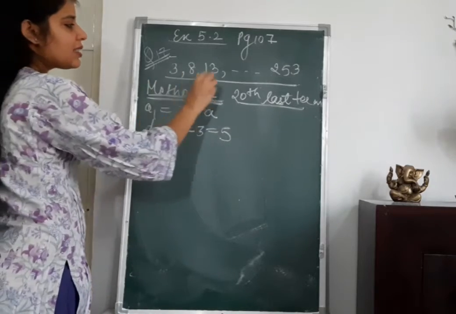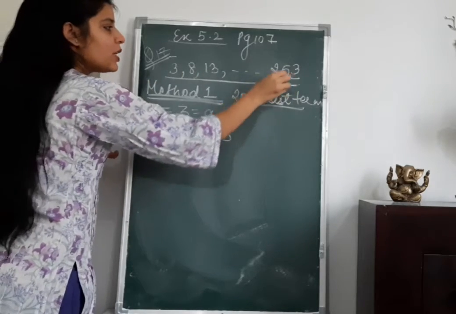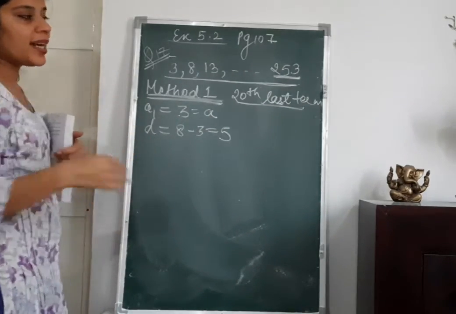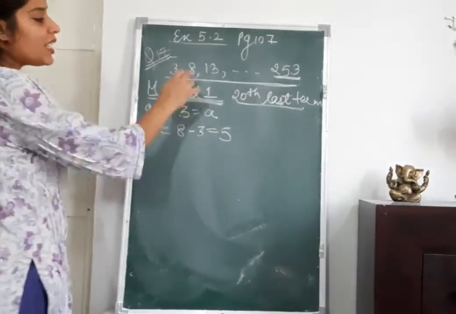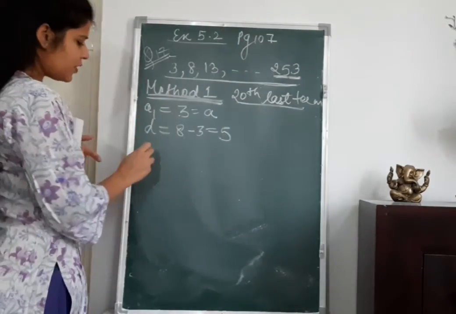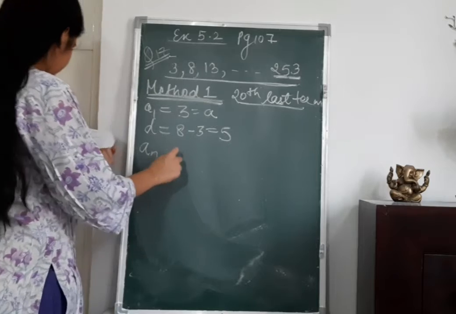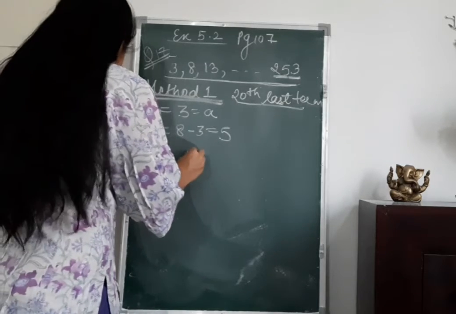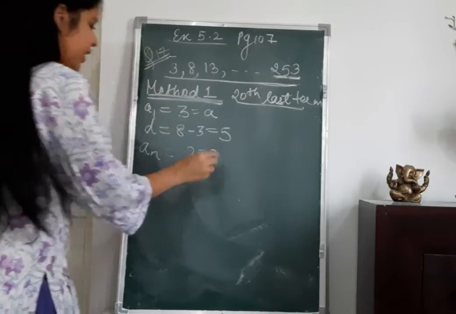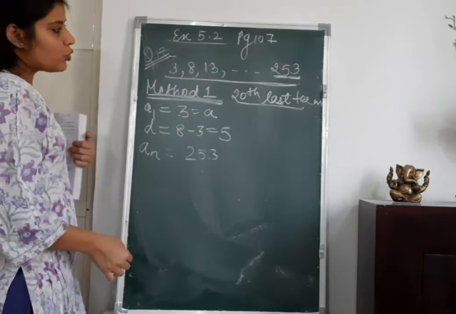And the last term of this series is 253. If I suppose there are n terms in this series, then the nth term will be equal to 253. a_n is equal to 253.